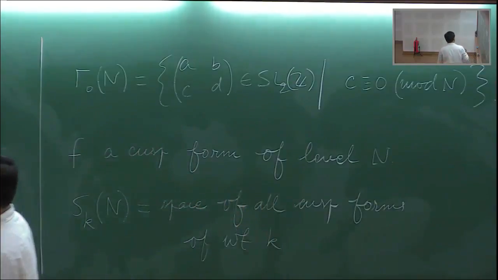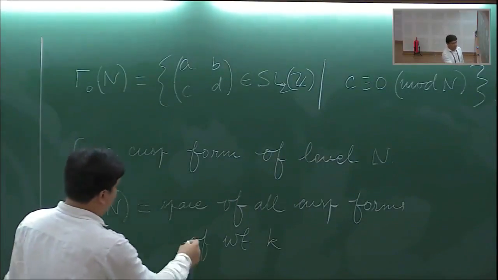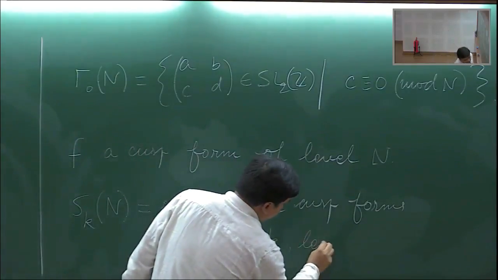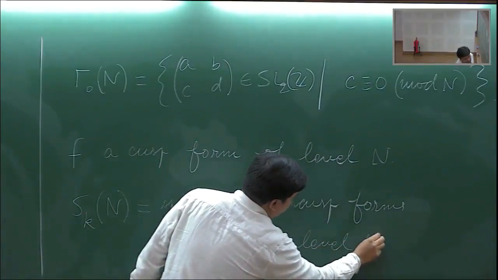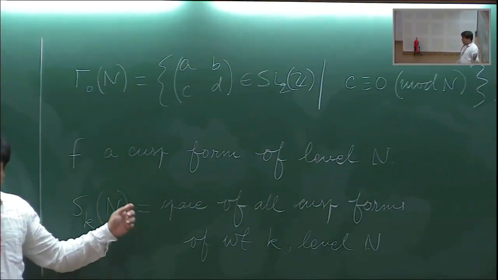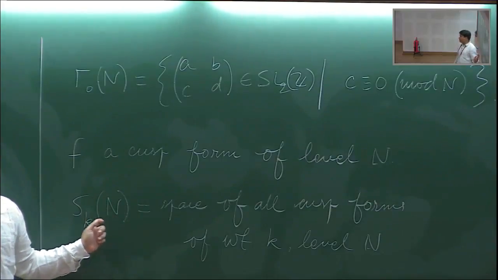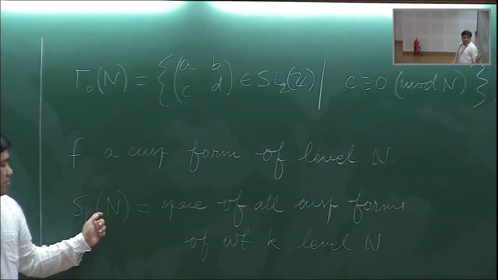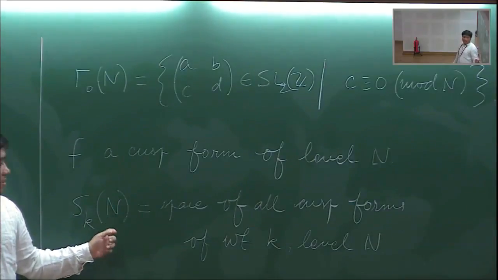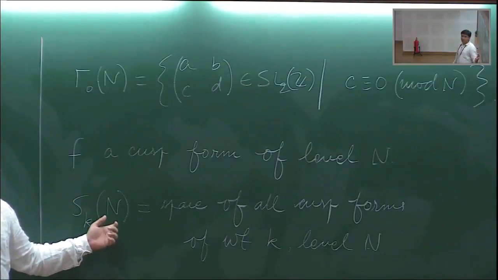This number k that appears here is called the weight. This is going to be a vector space defined over the complex numbers, and you know what the dimension is depending upon n. There's a formula, you plug in, and then you know what the dimension is.